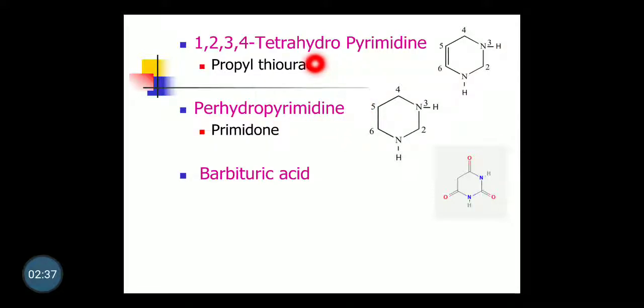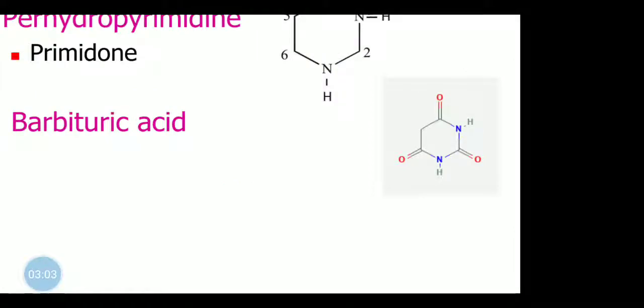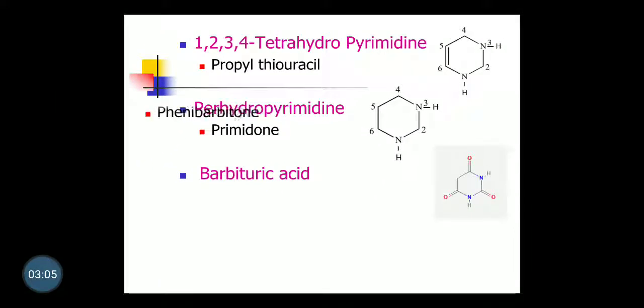If you are making completely saturated pyrimidine, it gets converted into perhydropyrimidine. Now in this perhydropyrimidine, if you are adding 3 oxo groups at 2, 4 and 6 positions, in this way we have added 3 oxo groups at 2, 4 and 6 positions of perhydropyrimidine, and that is called barbituric acid. That we are commonly calling barbituric acid.